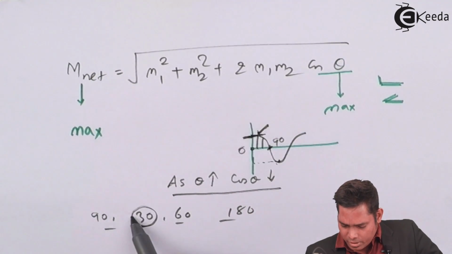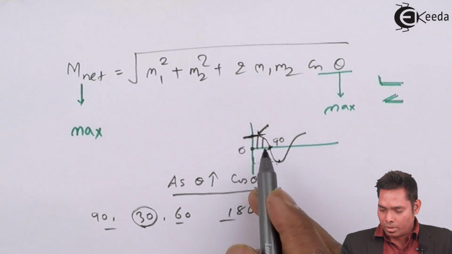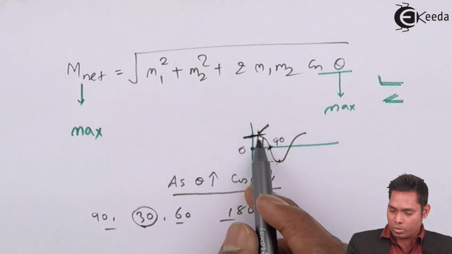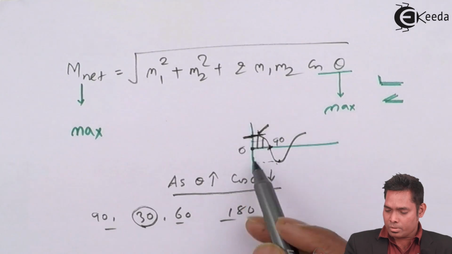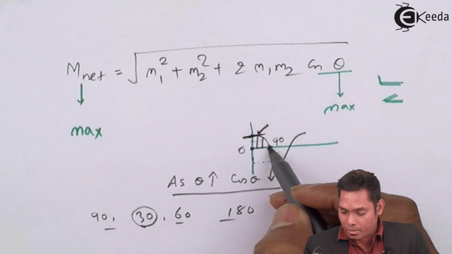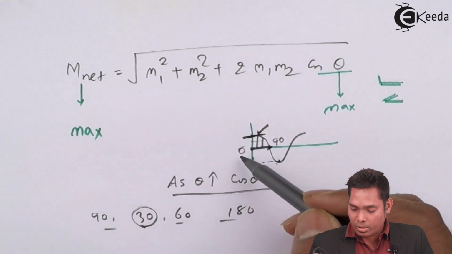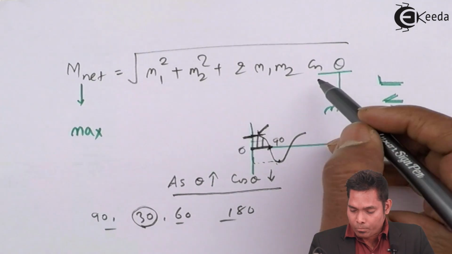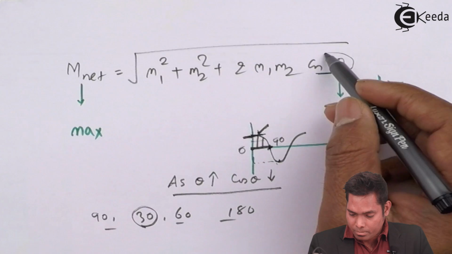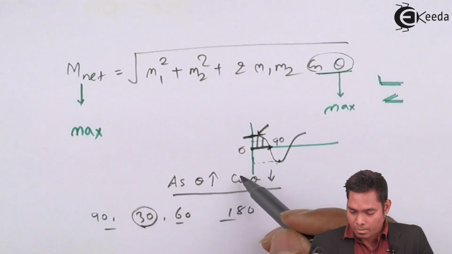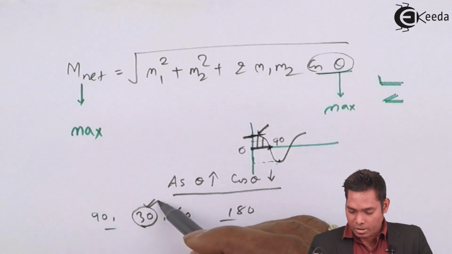At this angle it is maximum, because at 60 it will come down to a lower value, and at 90 cos becomes 0, so that also gives another value. For this to be maximum, theta has to be minimum, and among these, 30 degree is the minimum.